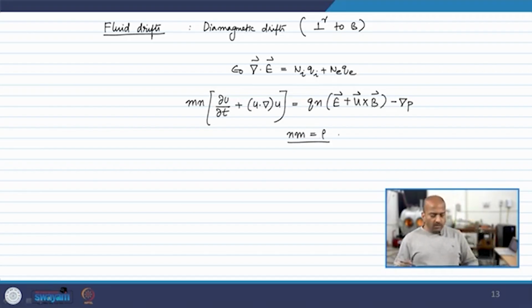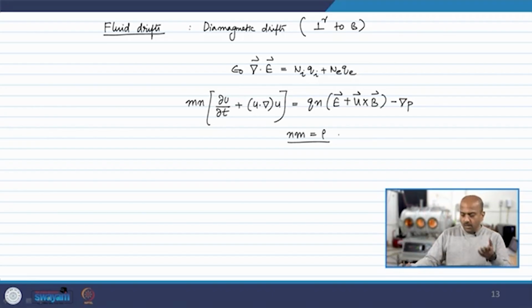Okay. Now, let us say this is one equation for the electron, and we can write another equation for the ion. So, in effect we have two equations. We have to consider the plasma as a mixture of two interpenetrating fluids, one electron fluid, another the ion fluid.